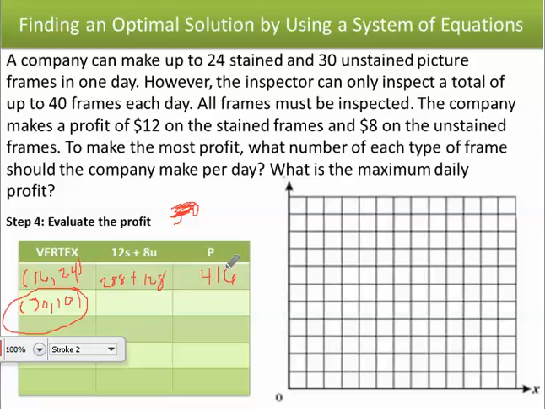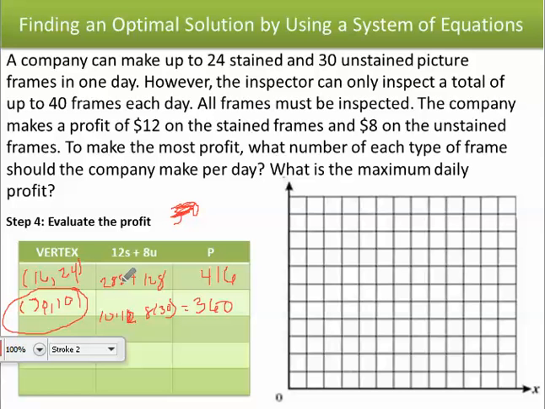That's 360. Am I doing that right? So this is my unstained, so that's going to be 8 times 30, and this is my stained, 10 times 12. Yes, that's 360.